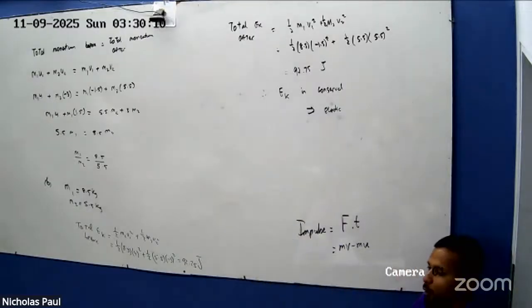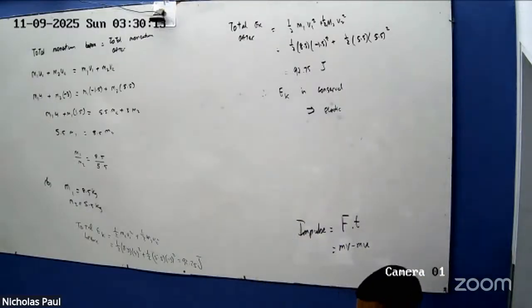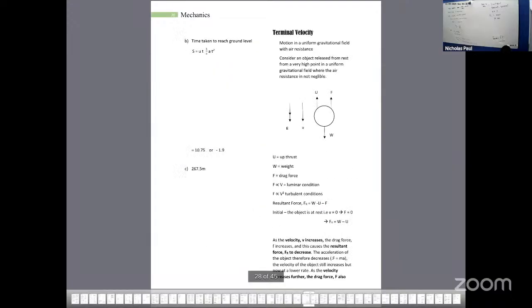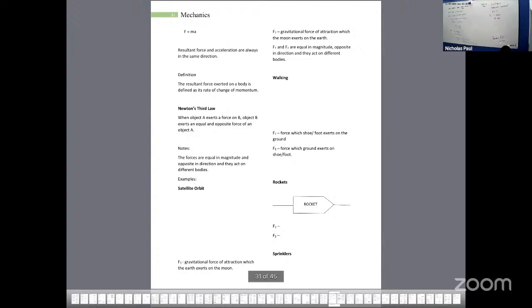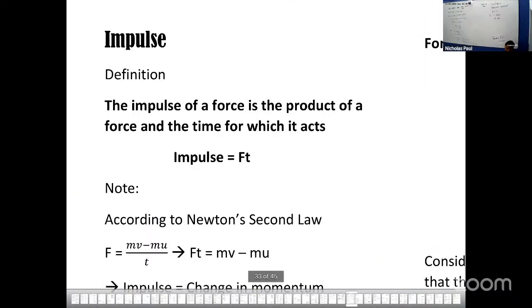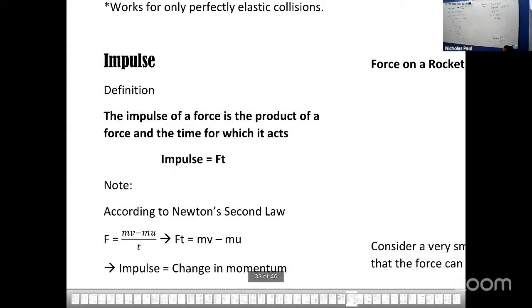Alright, one more thing we're going to talk about before we wrap up: impulse. After impulse, we'll be able to focus on circular motion alone next week. The impulse of a force is the product of the force and the time in which it acts.